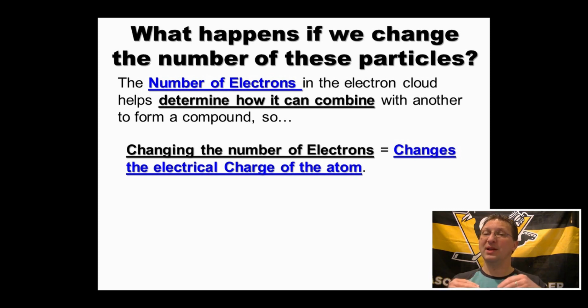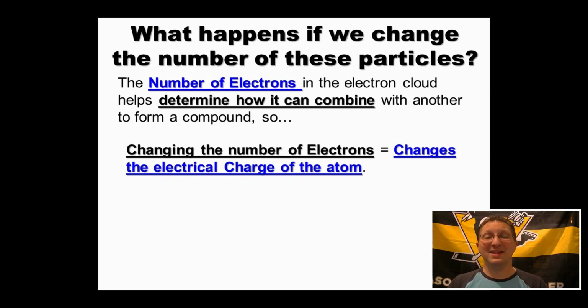Remember what we talked about, that the number of protons has to equal the number of electrons at the beginning. So any atom that we find that's just by itself, the number of protons and the number of electrons are going to be equal, making the overall charge a 0. If we start messing around with the number of electrons, they're not going to match up anymore. And that's important when it comes to bonding. And again, we'll get to that later.